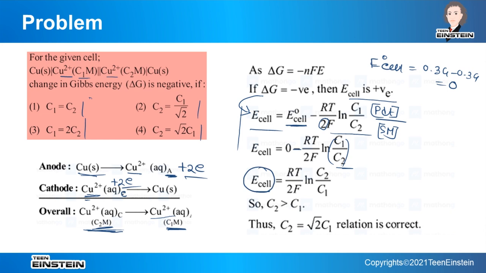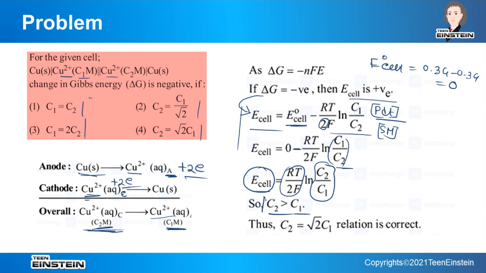It is only possible if, since RT by 2F is already positive, ln C2 by C1 is positive, that is, the ratio is more than 1. If it is a fraction, then it will have a negative value. But if it is greater than 1, that is C2 is greater than C1, then only this ratio will be greater than 1, right? Under that condition only E cell will be positive.